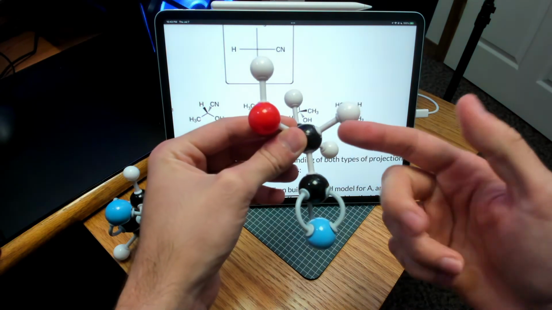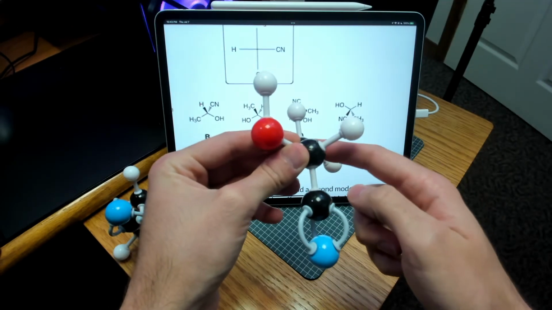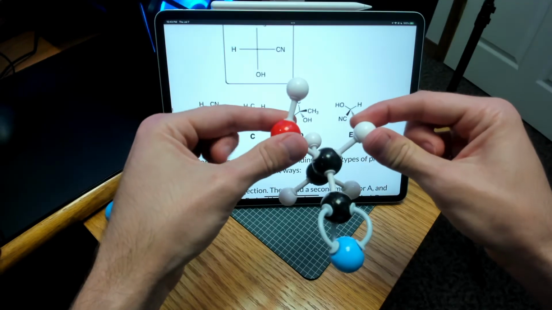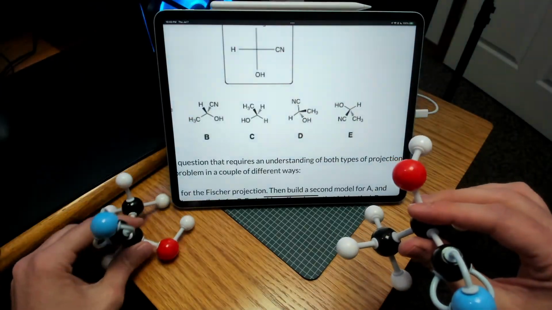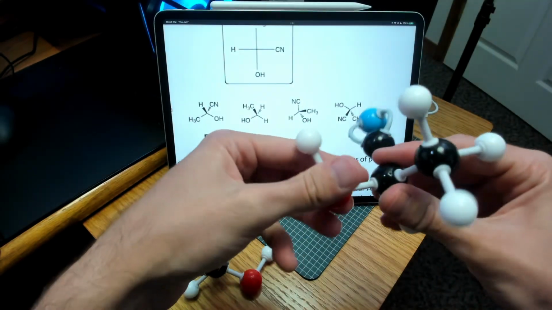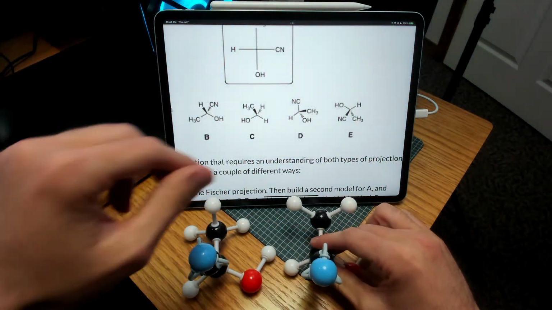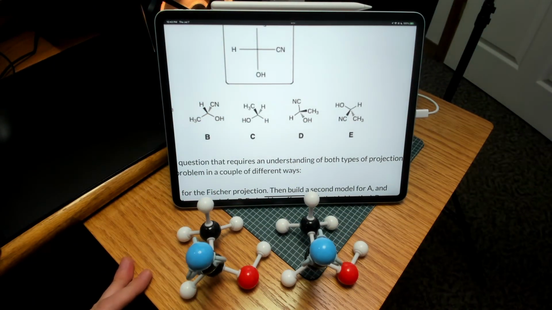Now it's pointed kind of at my belly button, but it's still coming towards me. This methyl is clearly pointed away from me. And these are my ones that are in plane, the hydrogen and the hydroxyl group. But if I put this down on the table, I can in fact see that these are identical compounds. So there you go.